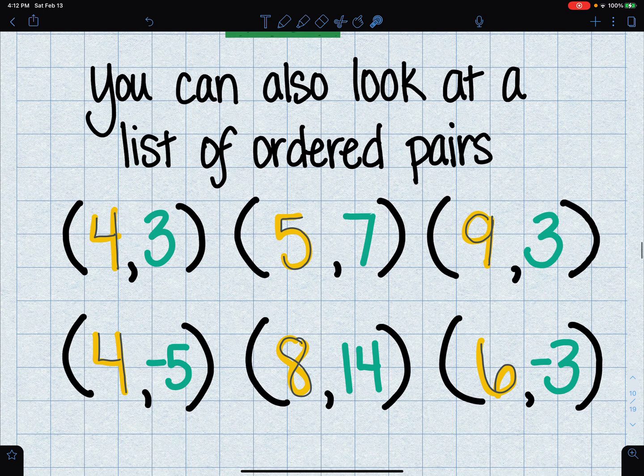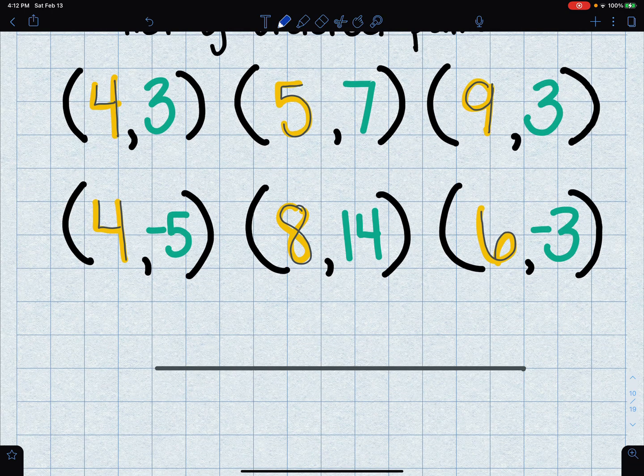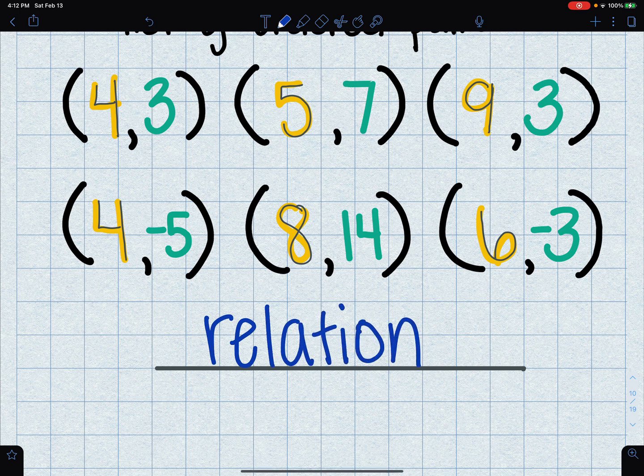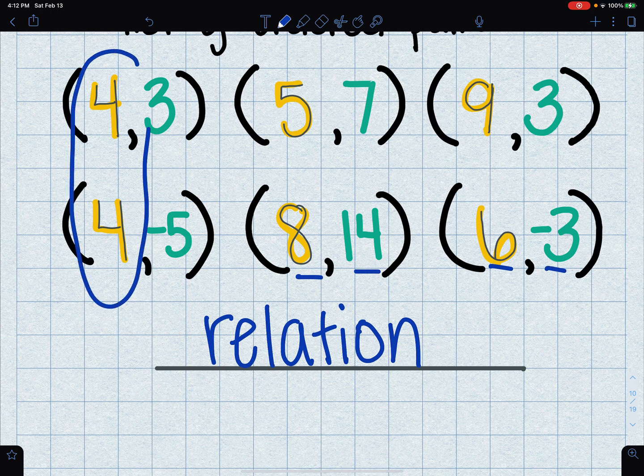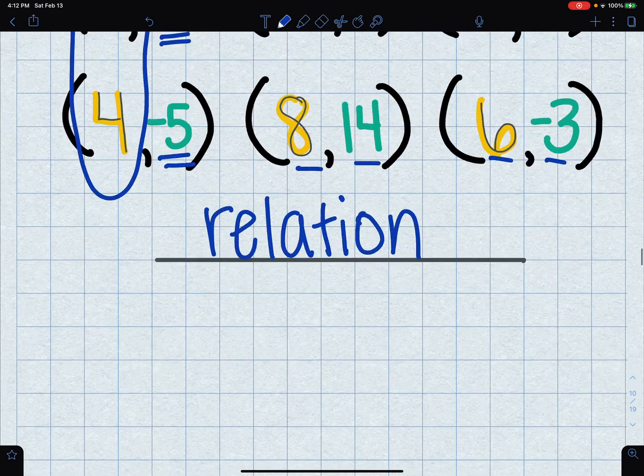This is a relation. And so when it asks us what it is, it's going to be a relation, not a function. I mean, they're all related to each other, but because of these two different things, it's not a function. You have to only get one specific y for every x in order for it to be a function.